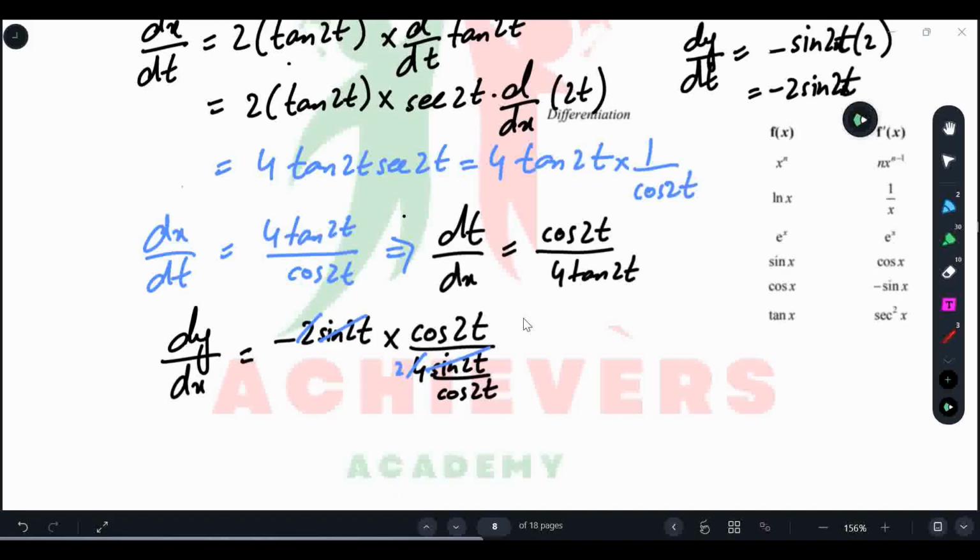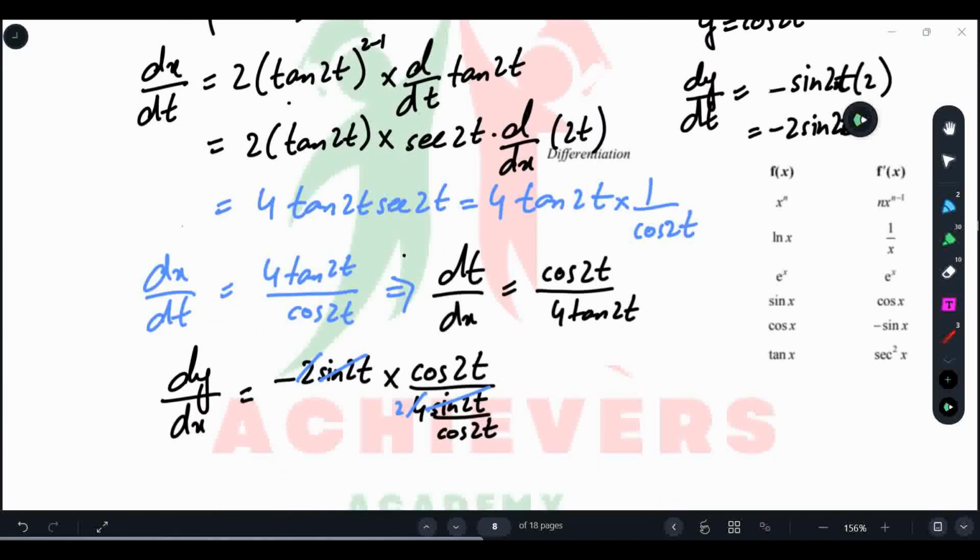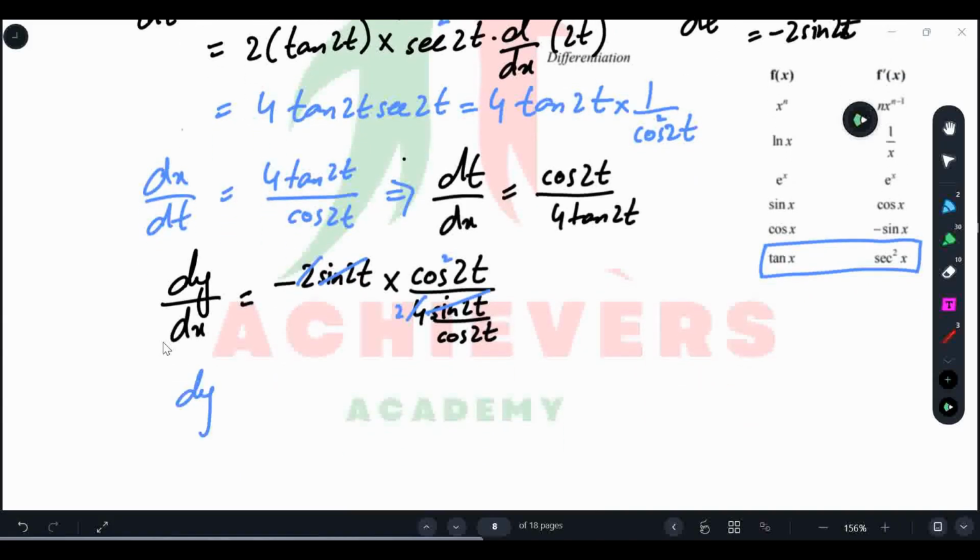Now this one is secant squared of 2t, because the reciprocal of tan is... So this was cos squared of 2t, and if we take the reciprocal of it, dy by dx will be equal to minus cos squared of 2t divided by 2 cos of 2t.